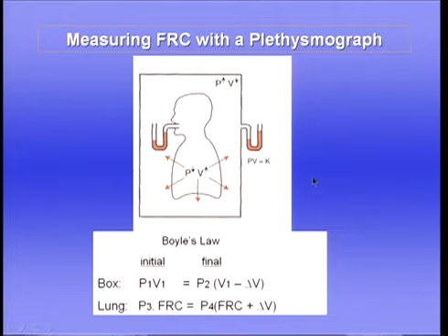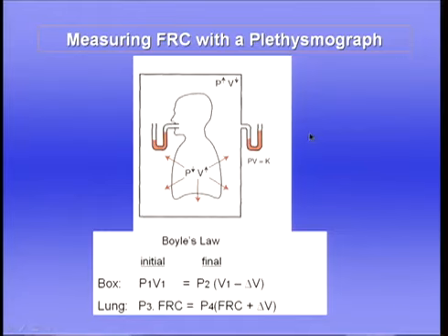The subject simply sits in the box and makes this respiratory maneuver. As a matter of fact, he doesn't just make an attempted inspiration, he pants against a closed airway, inspiration, expiration, attempted inspiration, expiration, and the device simply reads off the functional residual capacity.